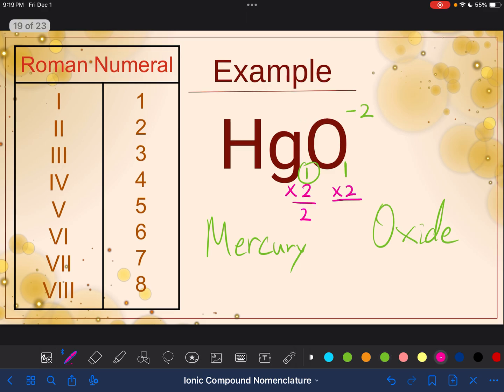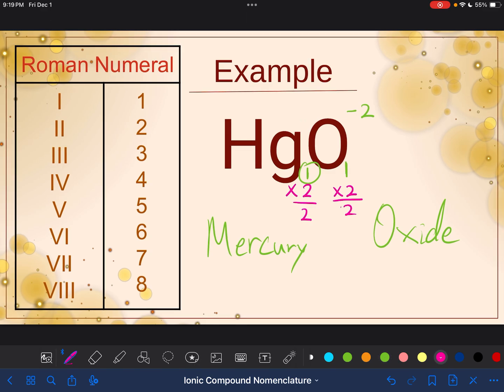And this will give you a 2, which means +2 charge. So Roman numeral II for this mercury. So as you guys can see, transition metal has so many charges. It can be 1, 2, 3, 4, 5, 6, 7, so on. So make sure if you want to find the charge of the transition metal, you look at the problem, not the periodic table for the transition metal. Okay?